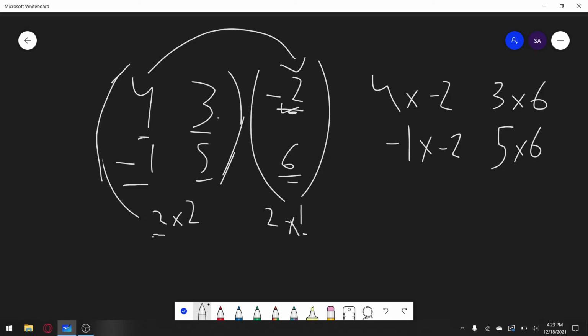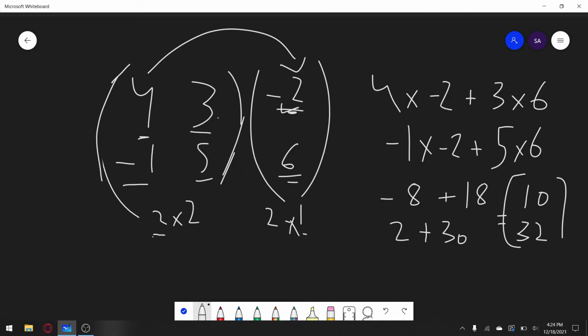So the answer: 4 into minus 2 is minus 8, plus 3 into 6 is 18. Minus 1 into minus 2 is 2, plus 5 into 6 is 30, which gives us minus 8 plus 18 is 10, and 2 plus 30 is 32.